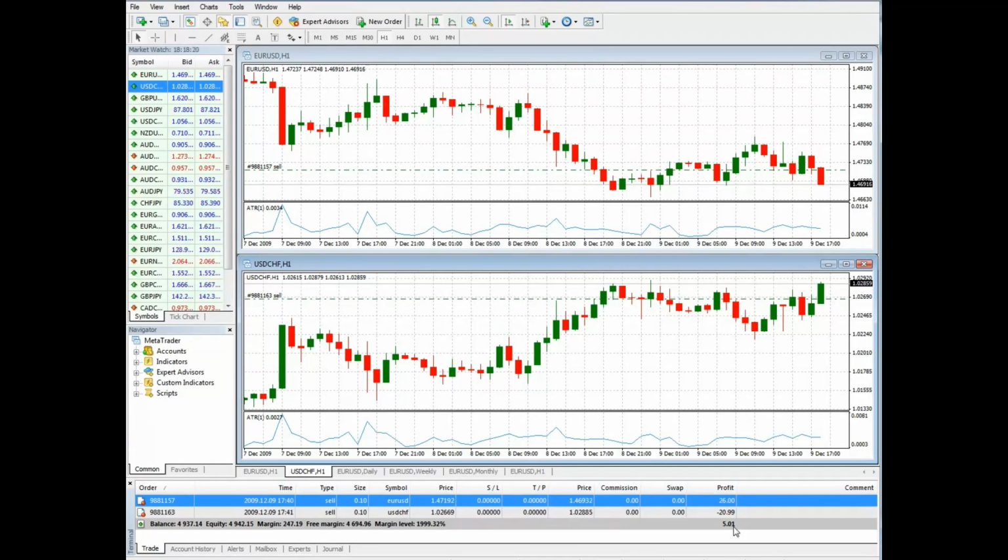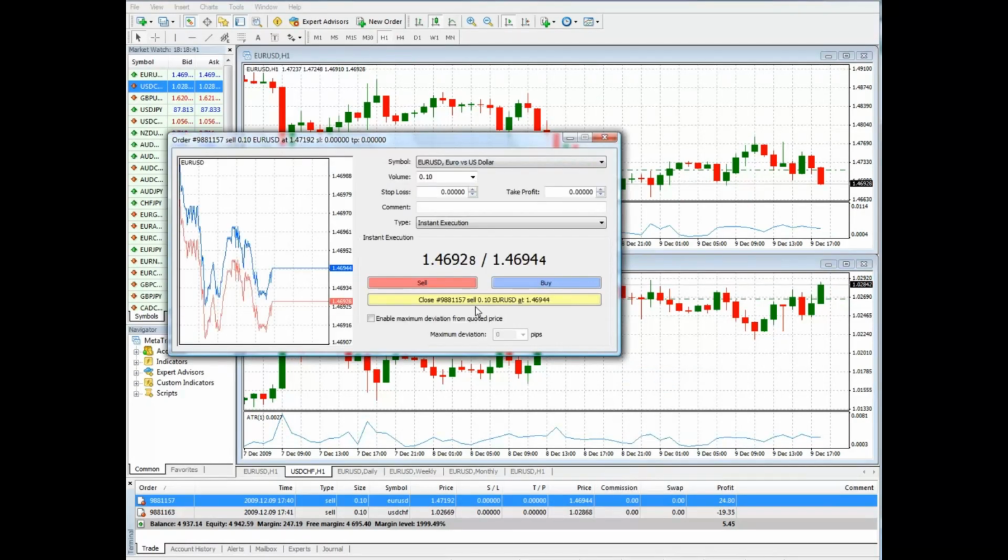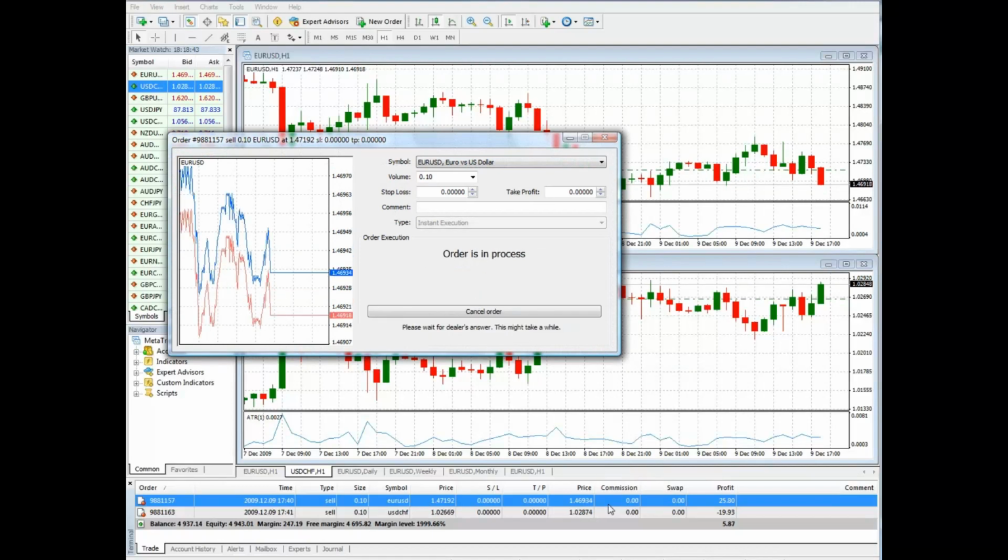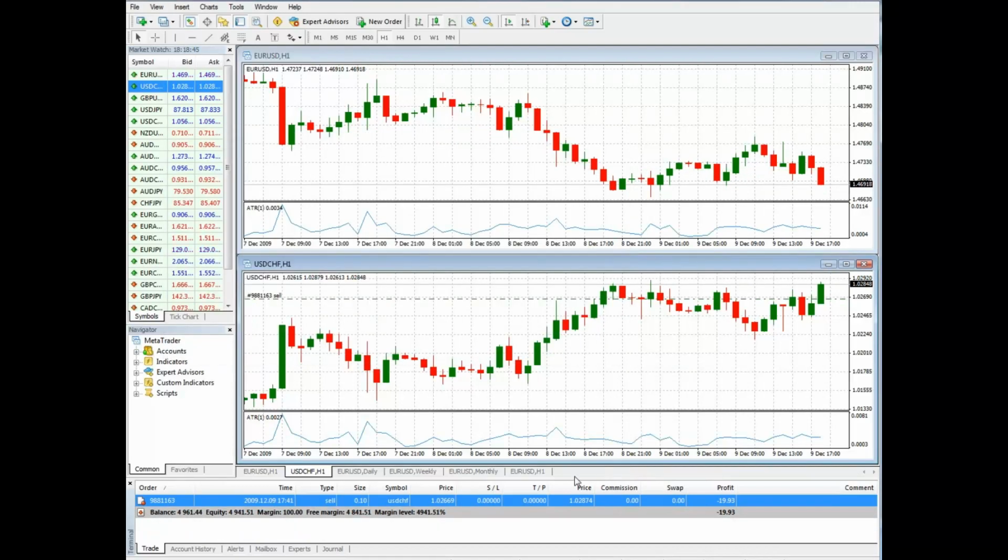So you can adjust things depending upon the direction you feel the trade's going to go. Or if you're in a scalping mood, like we're going to be right now, we're going to jump in with just a little bit of profit, and we're going to close that order.